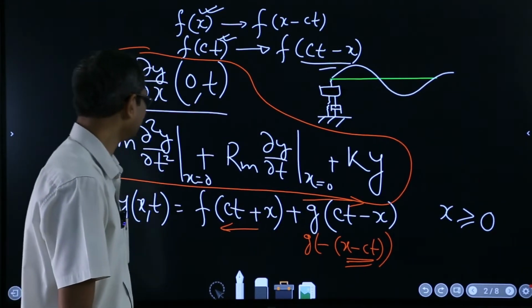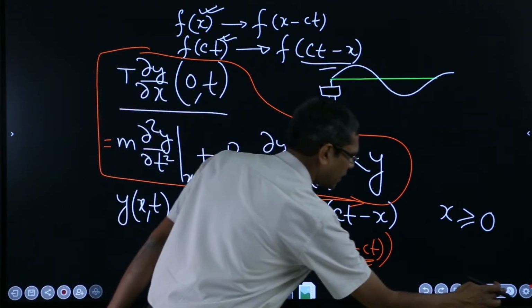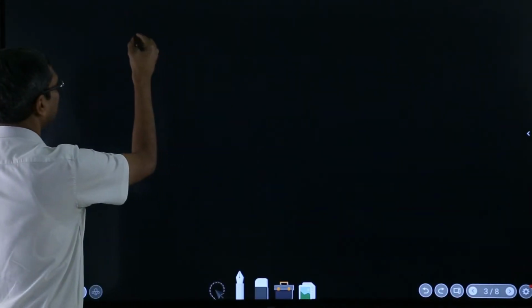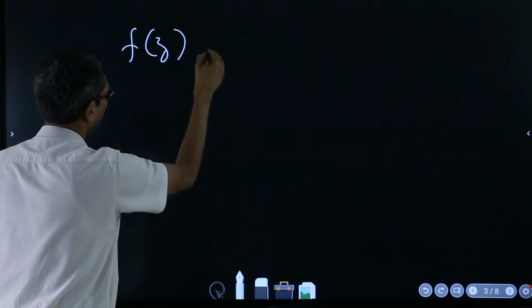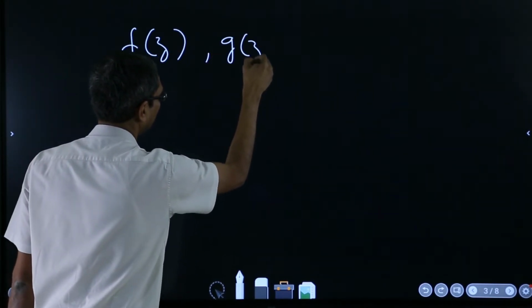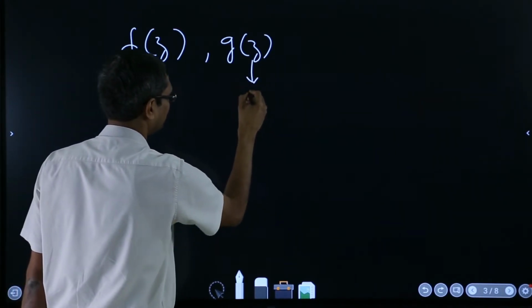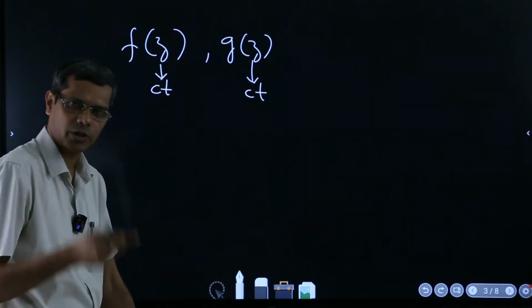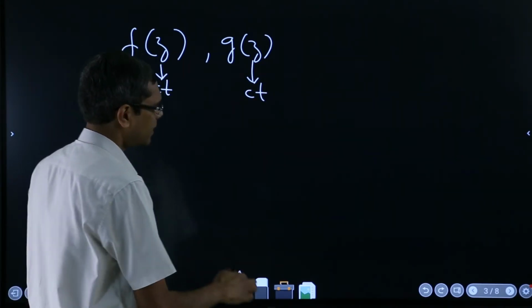Now, what you can do is take f of z and g of z, where z is ct, because you are talking about the x equal to 0 point.